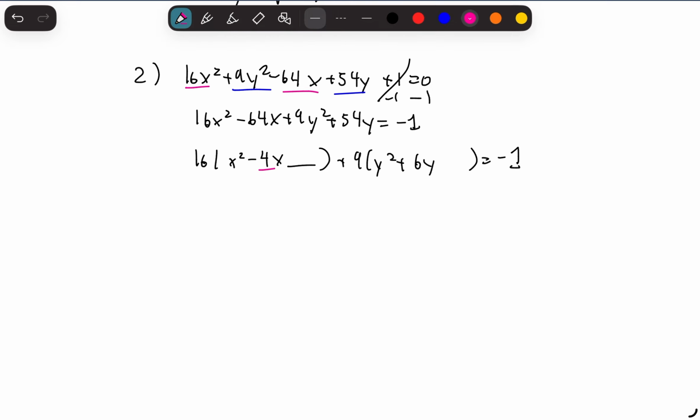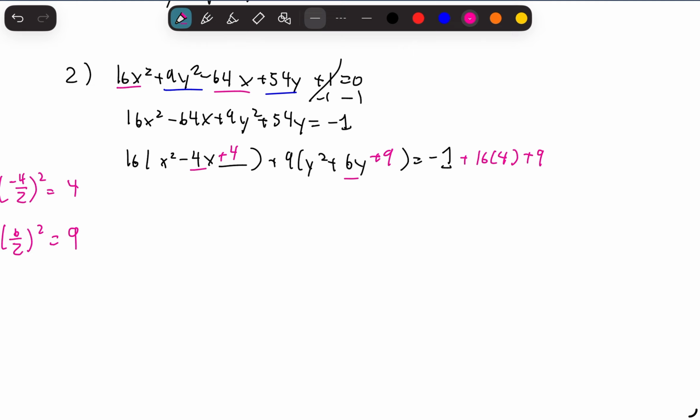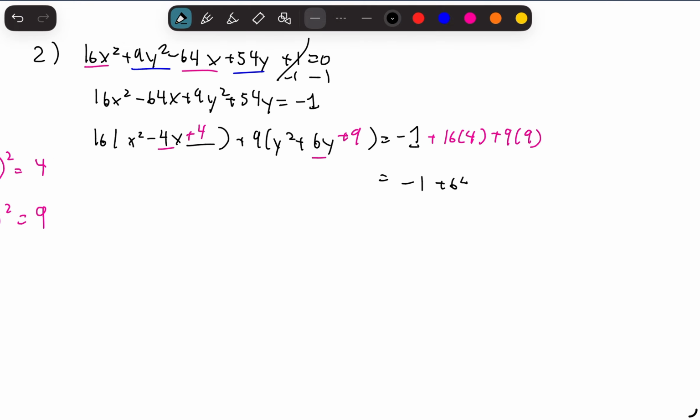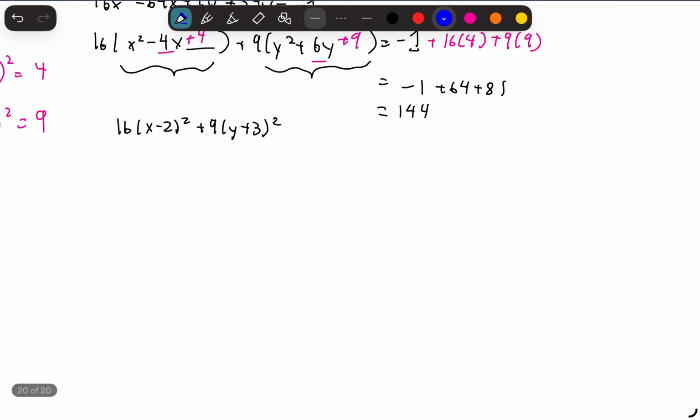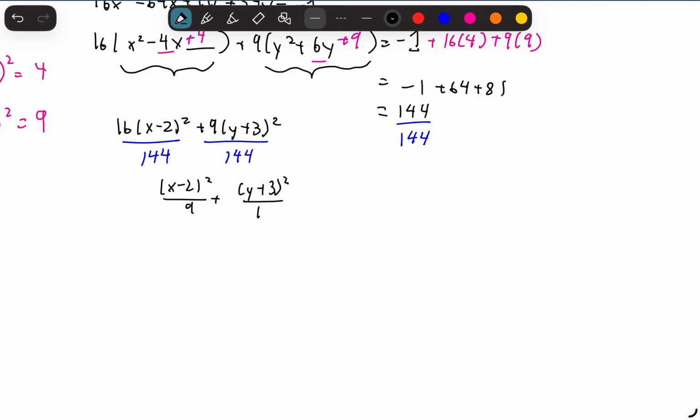now we're going to complete the square. And this is an ellipse because both square terms are positive.